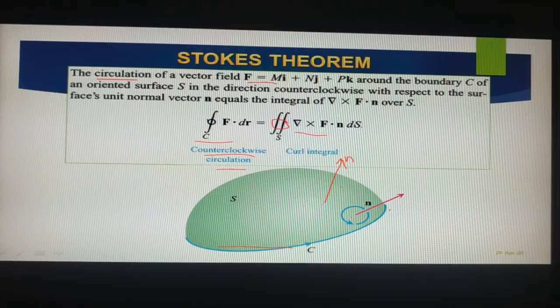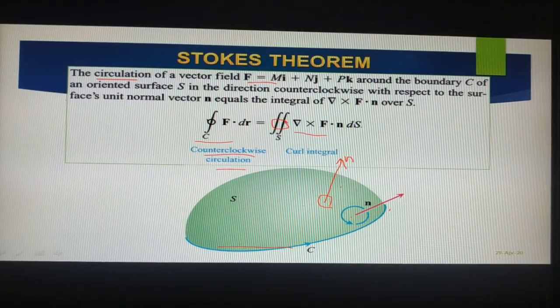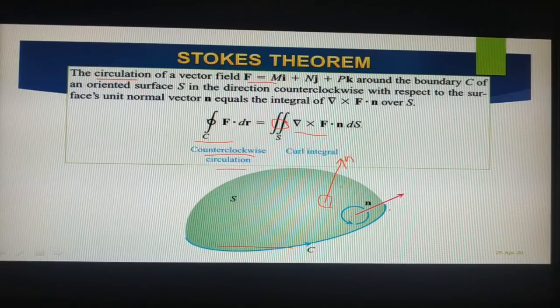First we have to curl at that point and then you multiply with the unit normal vector. So what is happening? It is simply a generalization of your Green's theorem. Let us see how it is an extension of Green's theorem.